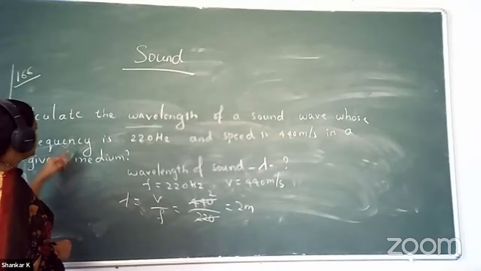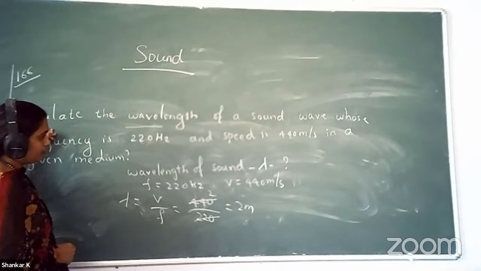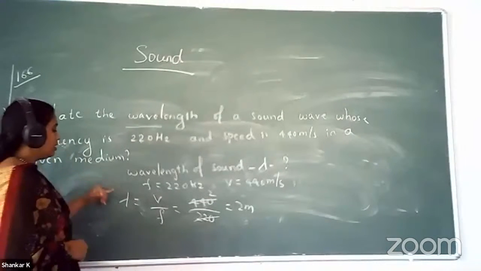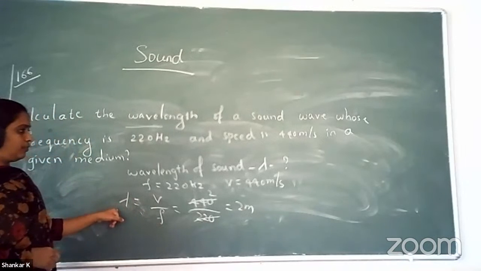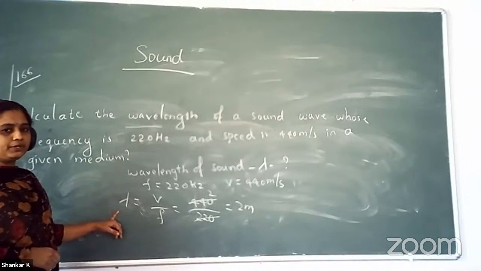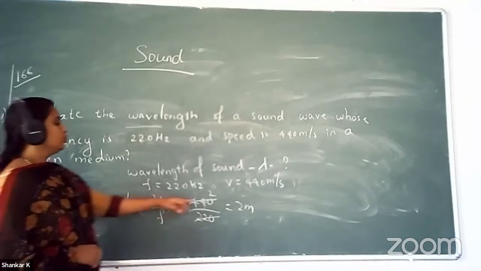The wavelength of sound, lambda, is equal to v divided by f. We measure wavelength in meters. So that is 2 meters.